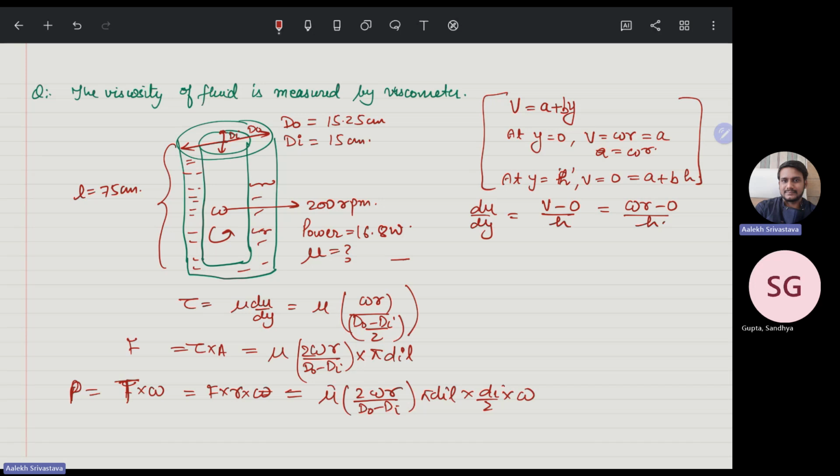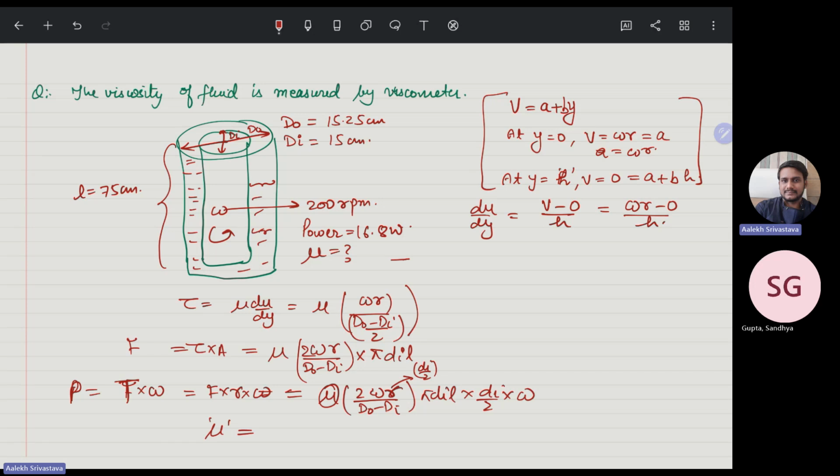So here you know that the viscosity is unknown. Omega is known. R is di by 2. So everything is known in this equation except the mu. If you put everything in, you will get the viscosity of the fluid. So I will give you the answer.